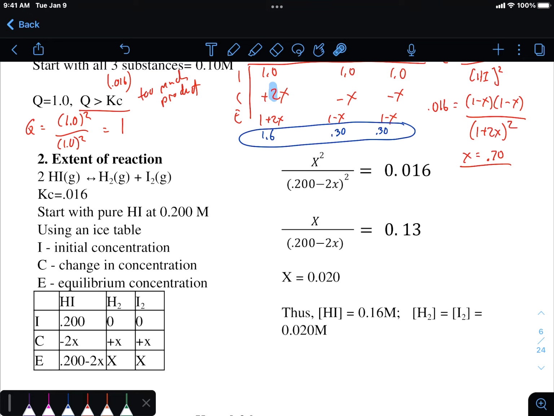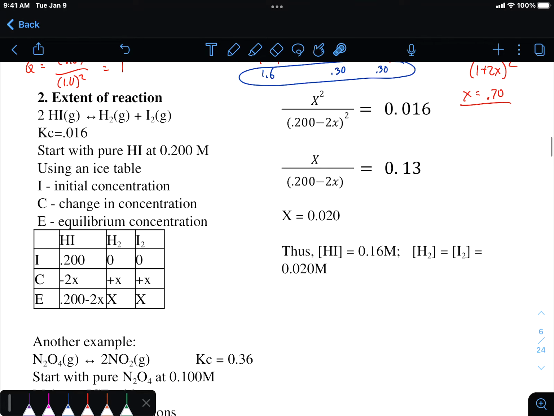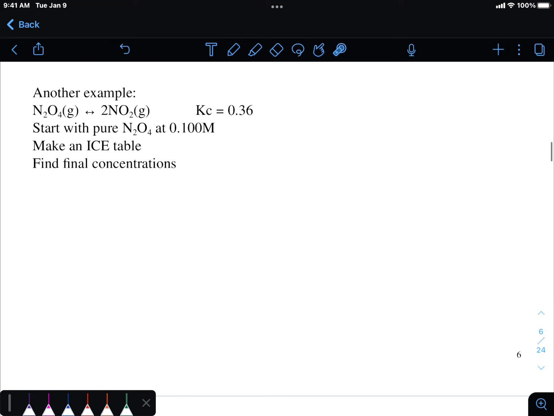So we don't even need the solver. We can just math this out, redistribute. But you can still use the solver, of course. You can simplify it before you enter it in the solver, either way. We're able to find a value of x to be 0.02, and then we substitute back in, and we're able to arrive at the concentrations. Do this one on your own.